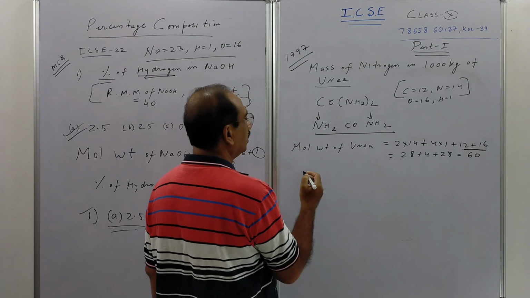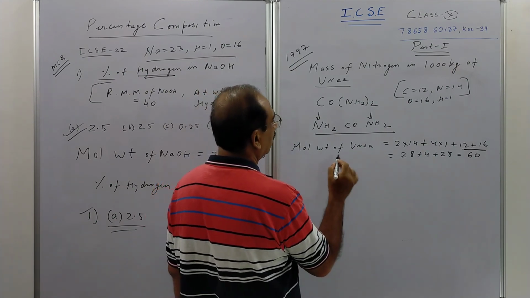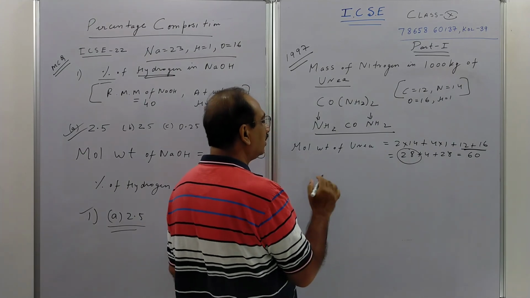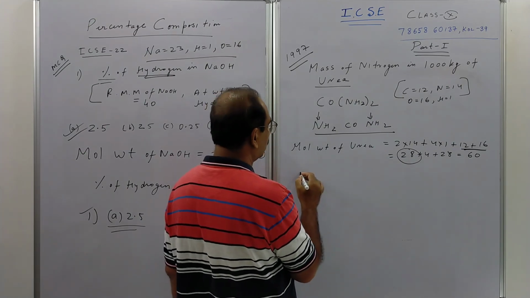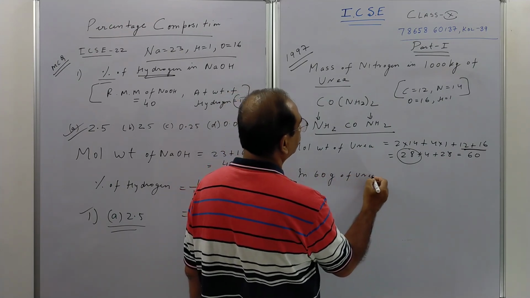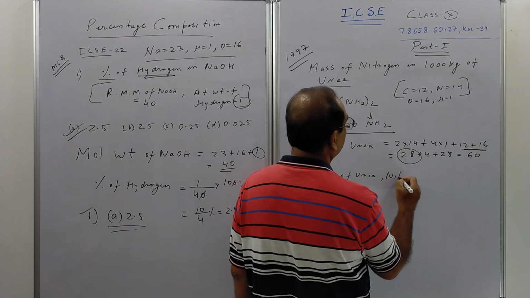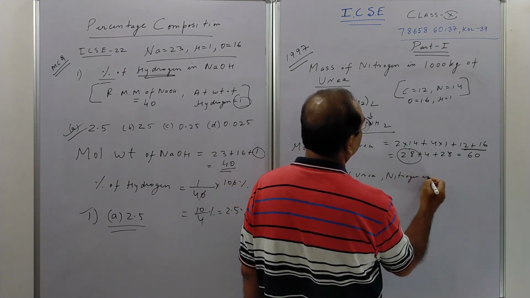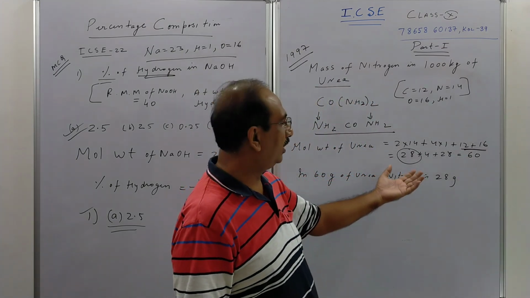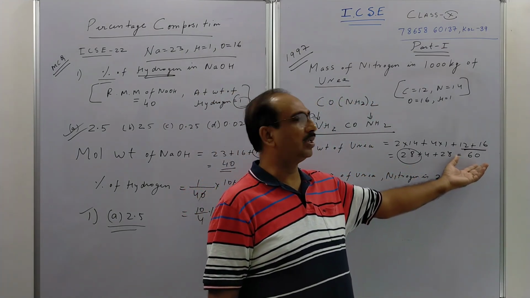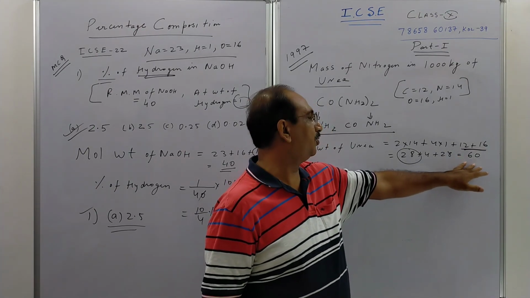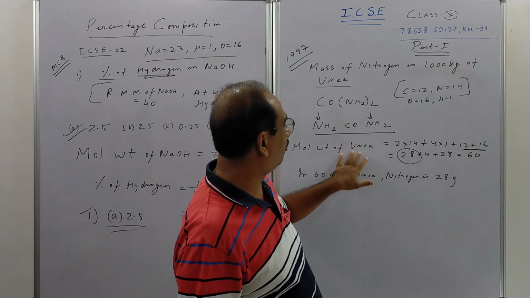So we see what is nitrogen in that. So if you write in grams, we can write in kg also. In 60 gram of urea, nitrogen is 28 gram. This is RMM without grams, so relative molecular mass. So gram molecular weight, 60 gram of urea, we have 28 gram of nitrogen.